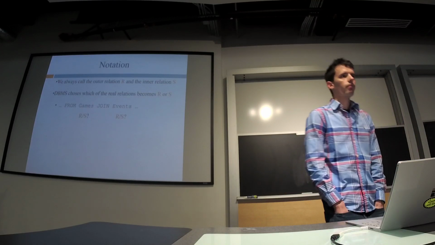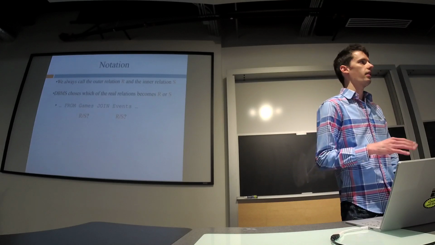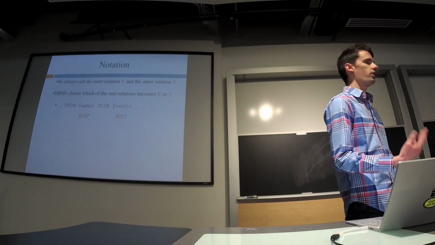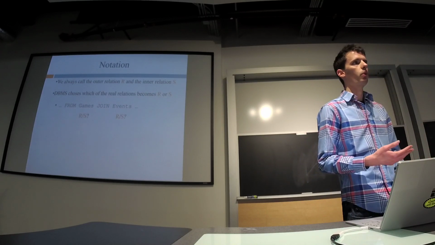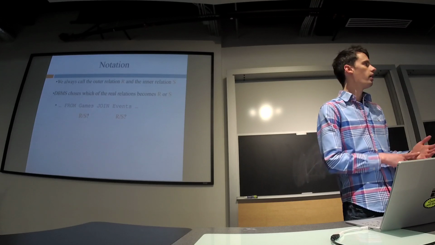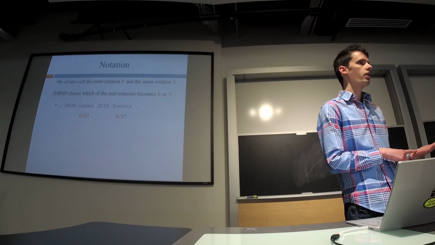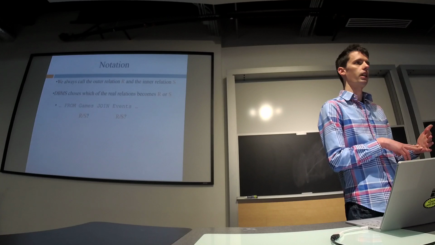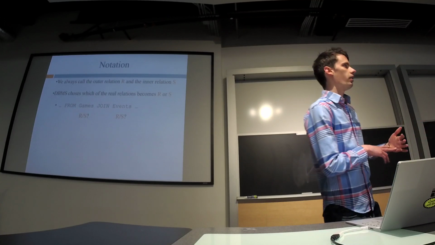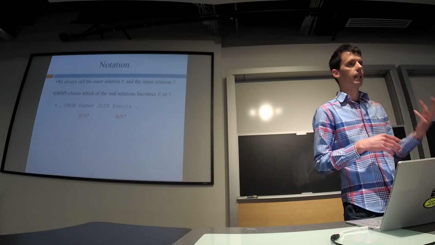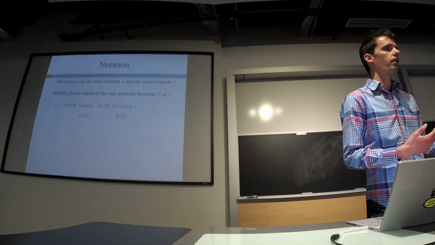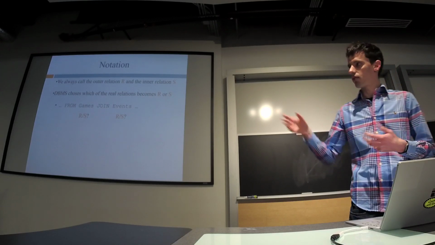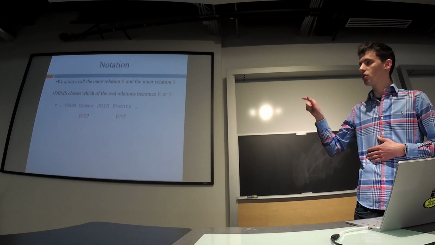Okay, so we're using R and S. These are kind of just placeholders for some relations. Turns out we will always use R to refer to the outer relation and S to refer to the inner relation. The real relation is going to be something like games and events or players. I've written my query, so it's games join events.